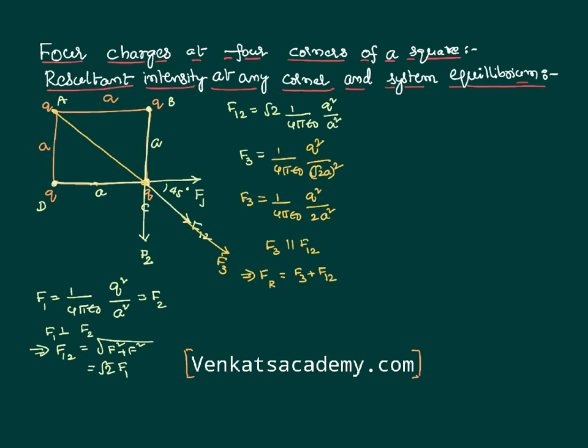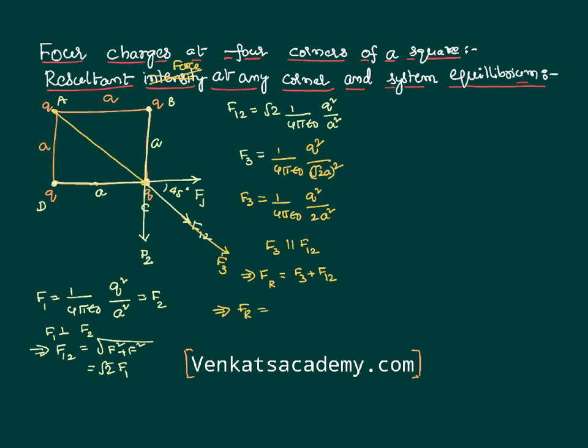When two vectors are parallel, the resultant is the sum of the forces. Though we named it intensity, we are actually calculating the resultant force on the system because there is a charge there. So we are actually calculating the resultant force.